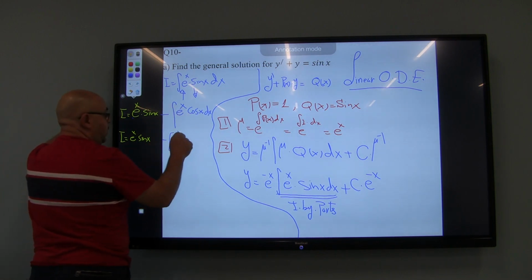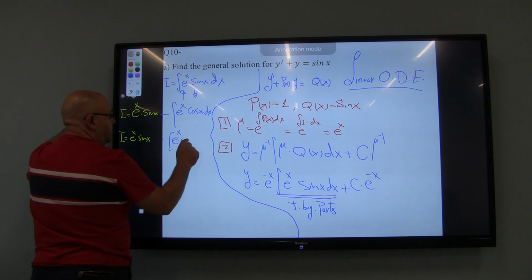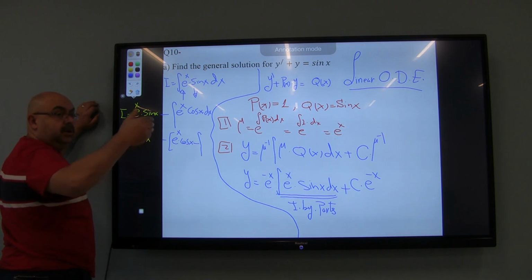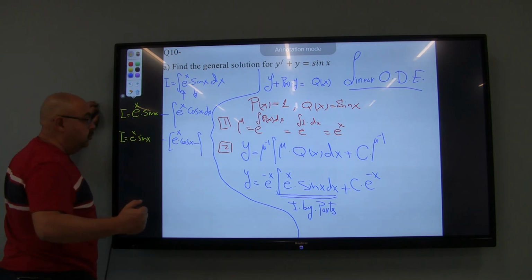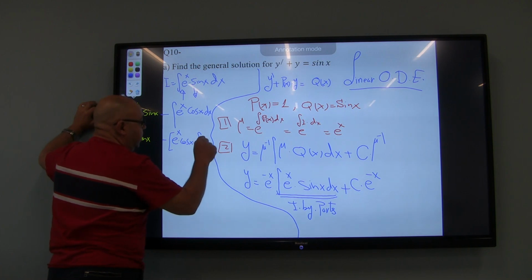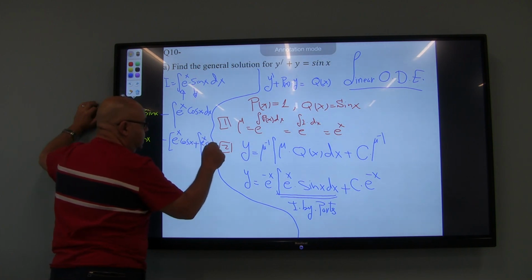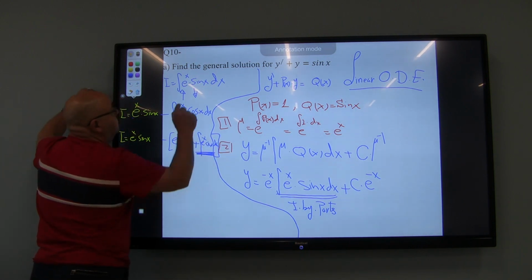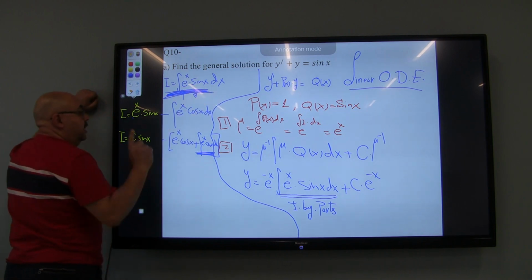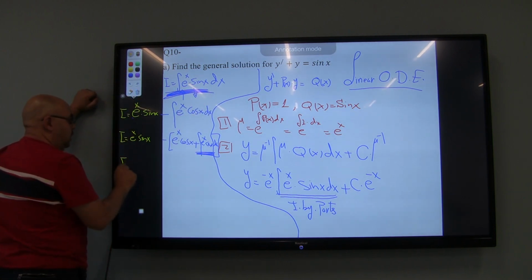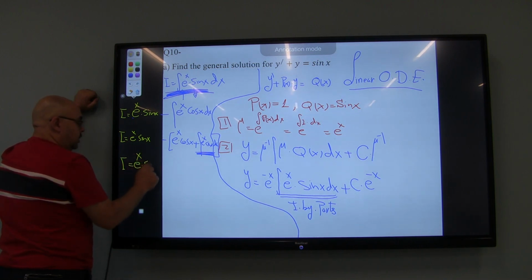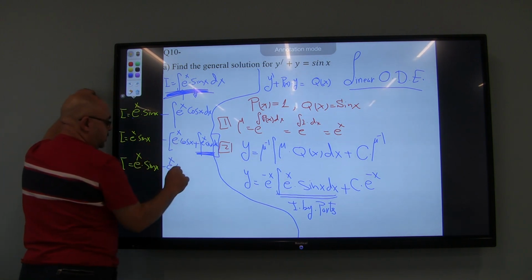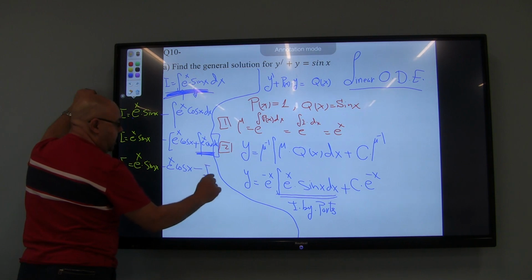The integration of it is going to be e power x times cosine of x, then minus the integral once more of the function I chose to integrate. So the cosine of x part gives me e power x times sin x dx. Notice that this is the function that we started our integration with. So I can write I equals e power x times sin x, negative e power x cosine x, minus I.